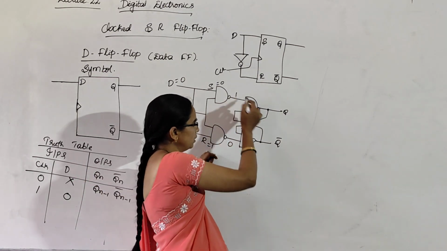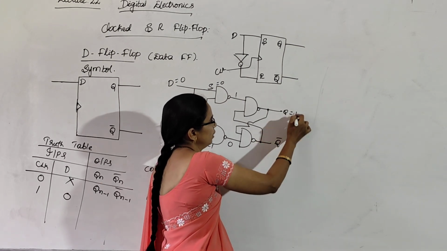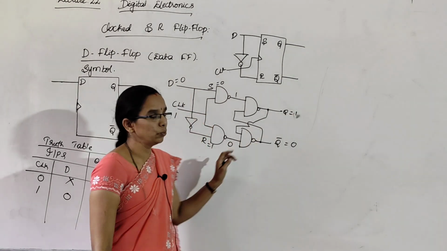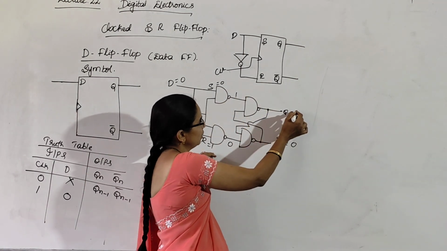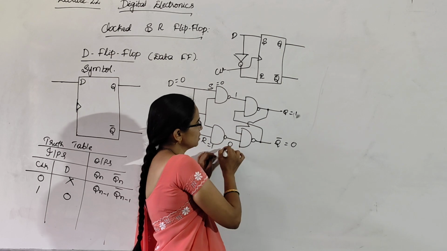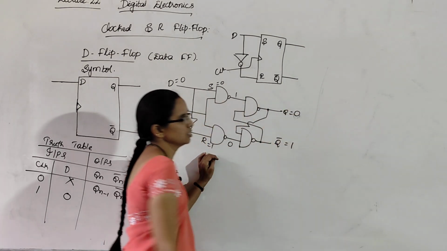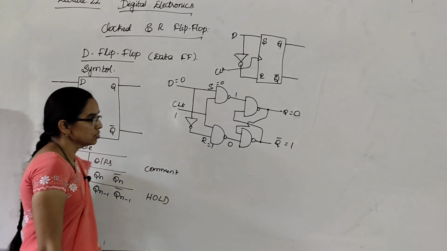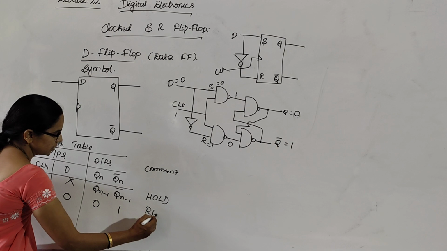So if previously it is 0 and 1, it will be 1 only, 1 and 0 it will be 1, and 1 and 1 it will be again 0 only. So what happens? It is going to reset state.